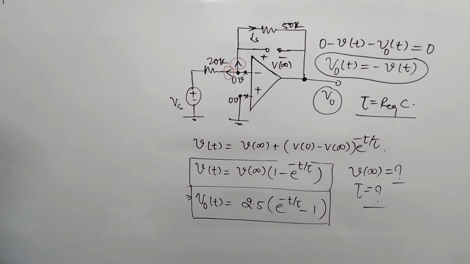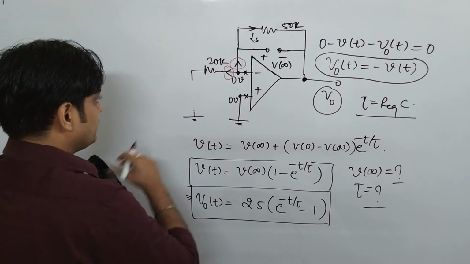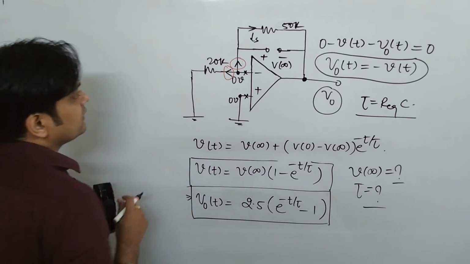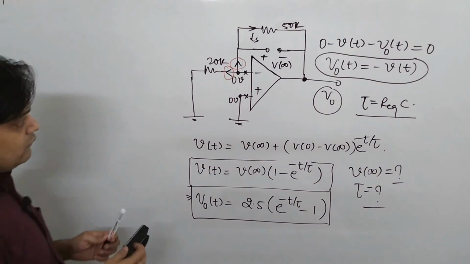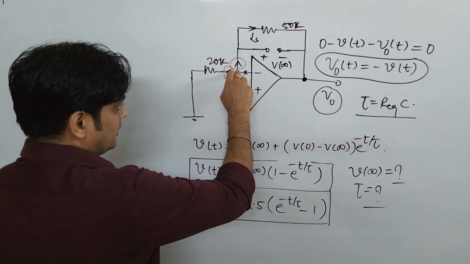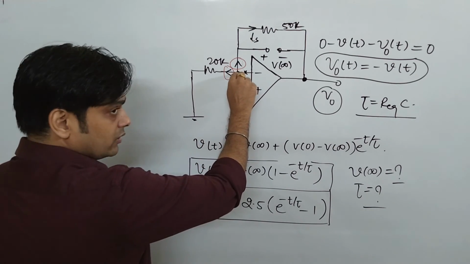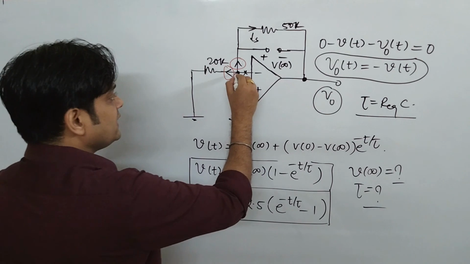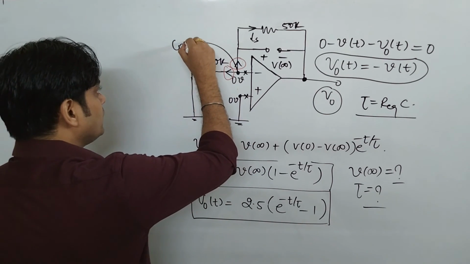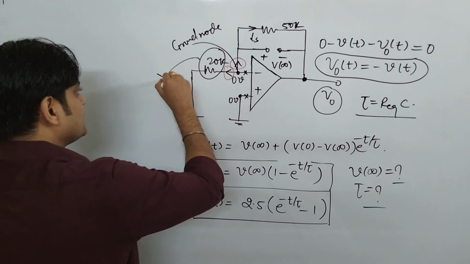But a very important thing for finding out R equivalent C, this we have to remove. This will get short circuited. If you see here, it is 0 volt and this is 0 volt at this node. That means it is basically a grounded node. Once it is a ground node, there is no use of this resistance.